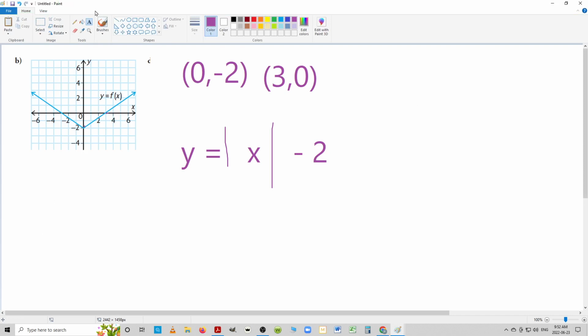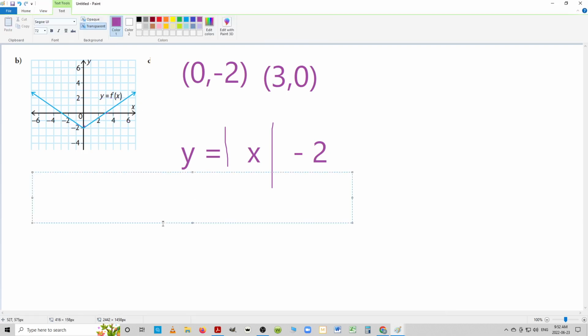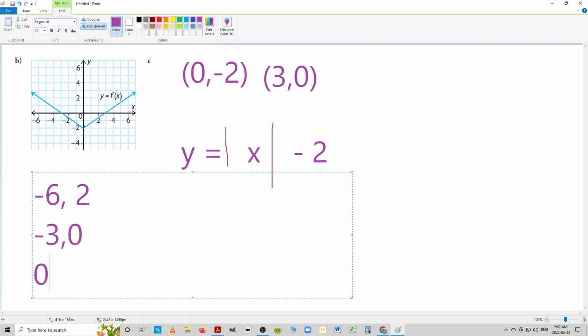What you could do is just take some of the x, y values and do it like that. So we can see there's -6, 2, and we can see that there's -3, 0. There's 0, -2.